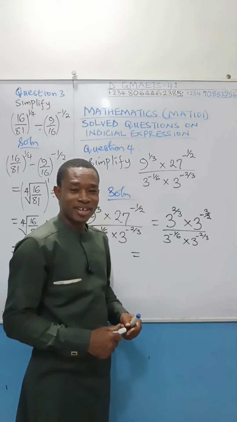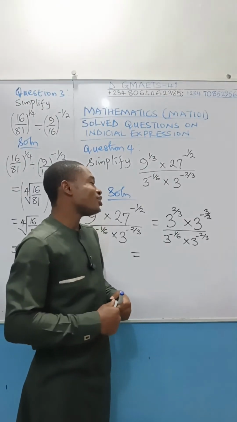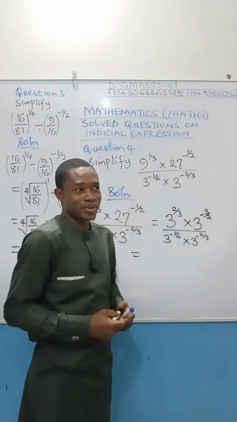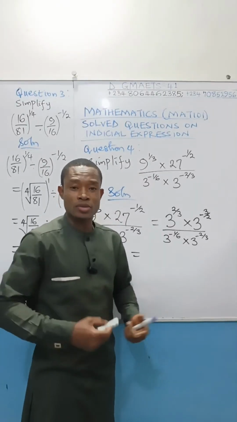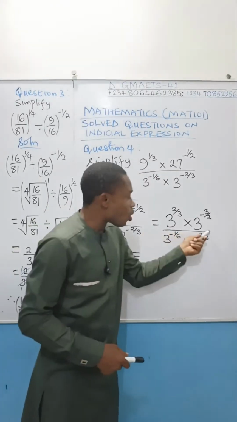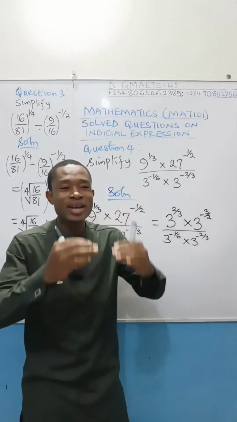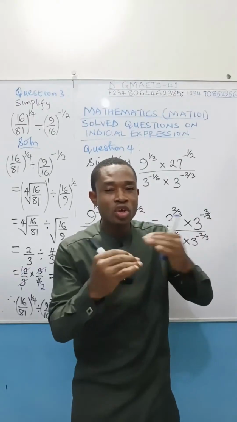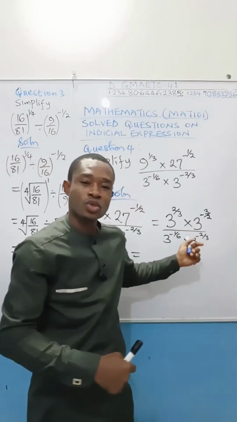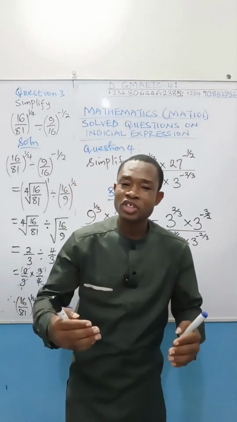I hope you're following, right? But can I do this thing once again? Because in the denominator, I also have base 3. And for that reason, we can also apply the division law to this question. And what does the division law of indices state?